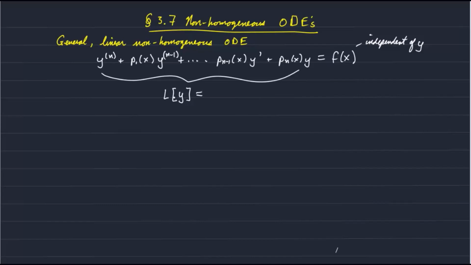So we could write this same equation as capital L square bracket y is equal to our right-hand side. Our right-hand side is also referred to as the forcing function. In many systems or many applications, this acts as a forcing function to drive the action of y versus x.